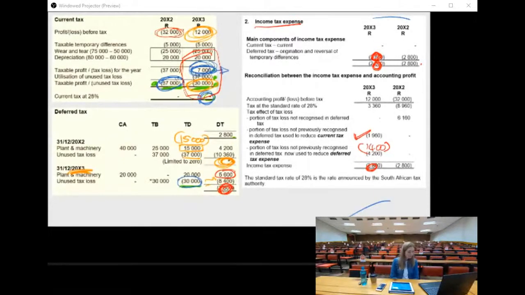Okay. Mr. Herter asks, will the 6160 of X2 always equal the X3 current tax expense plus the deferred tax expense in a scenario like this?